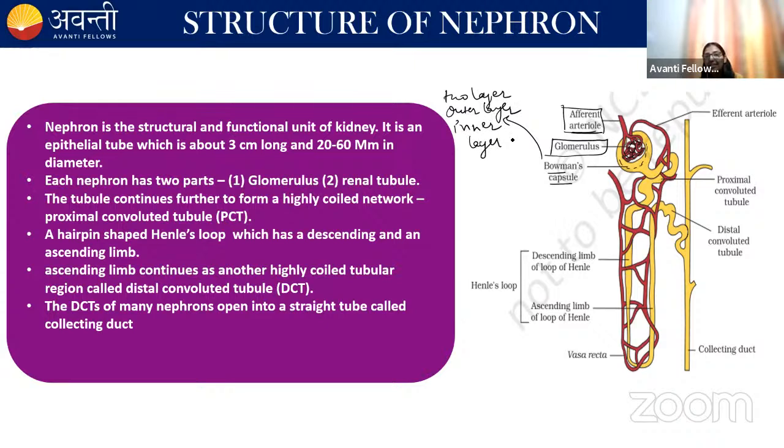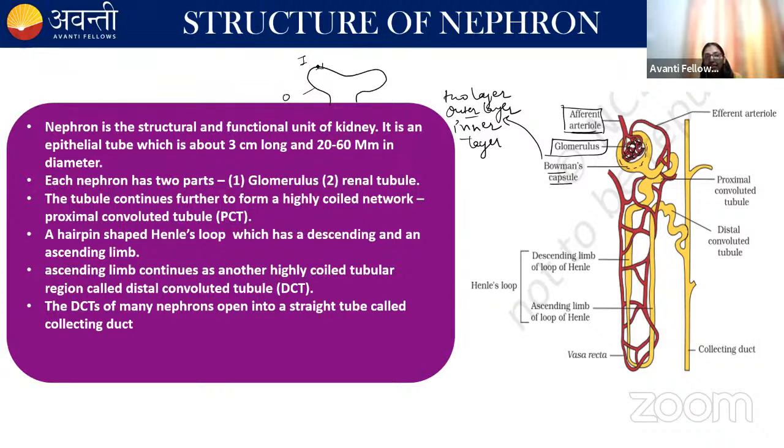Both the layers are made up of simple squamous epithelium. Remember this: the outer layer and the inner layer of Bowman capsule are both made up of simple squamous epithelium. I'm drawing the structure of Bowman capsule. This is the outer and this is the inner.